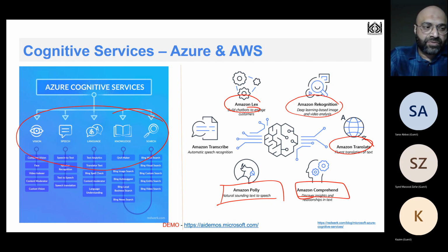So if you have Alexa at your home or at your work, the underlying technology for Alexa is Amazon Polly. Then Amazon Transcribe, the automatic speech recognition service. Azure has the same capabilities as well, like the vision capability I talked about, which gives you computer vision, face and video indexing and all that.